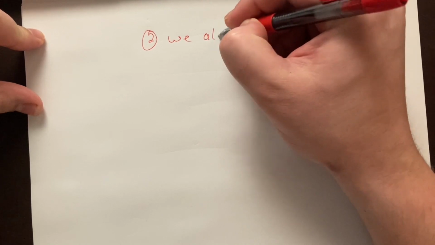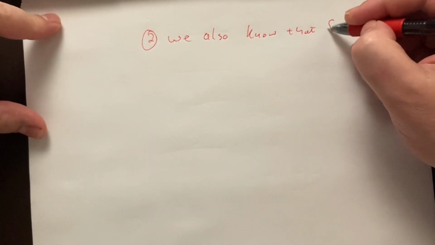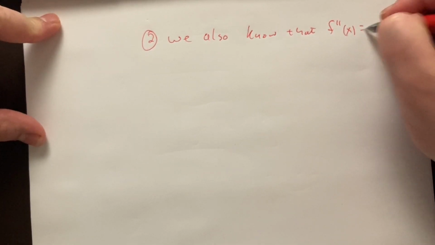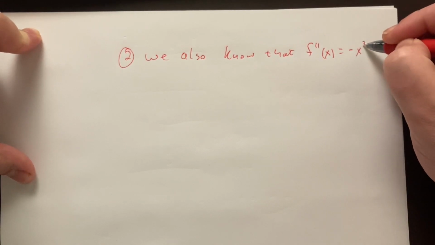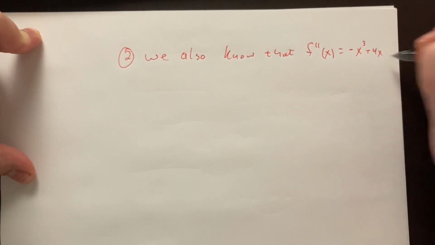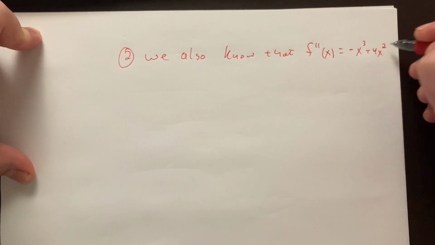We also know that f double prime of x equals negative x cubed plus 4x squared.